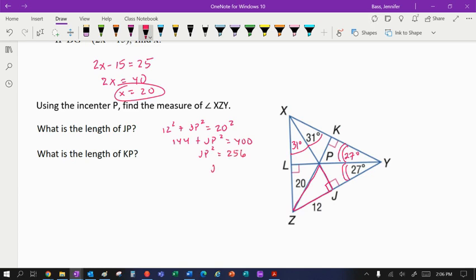Take the square root of both sides, and we get that JP equals 16. So if JP is 16, and this is an incenter, which means that all of the distances to the sides are the same, that means that LP is 16 and KP is 16. They're all the same length.